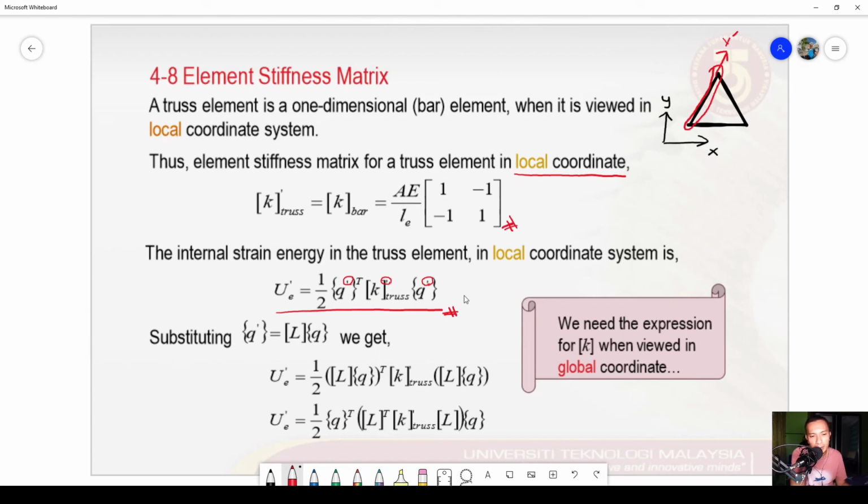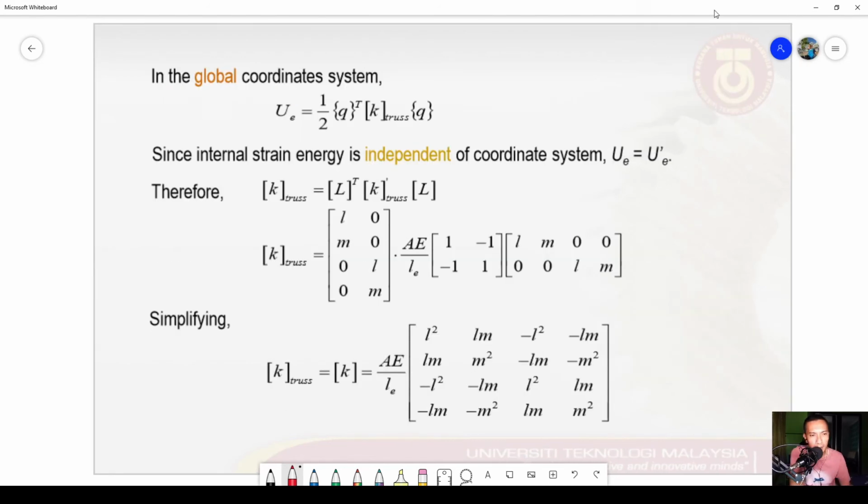Thus, it is important to do the transformation from the local to the global coordinate system for the displacement, as we can see here, so that the internal strain energy equations can be written in the global coordinate system.